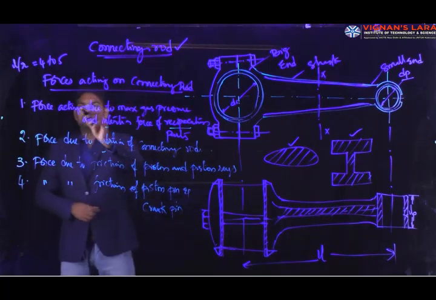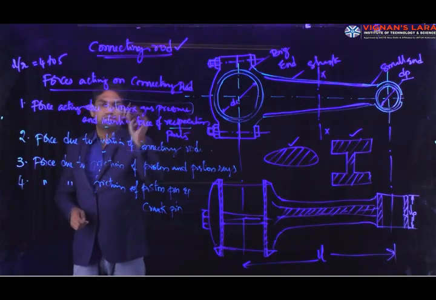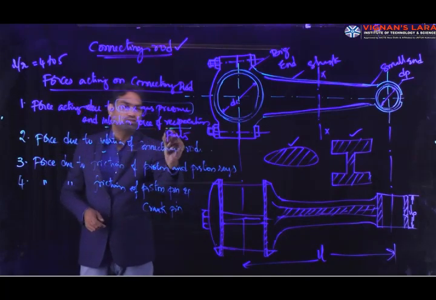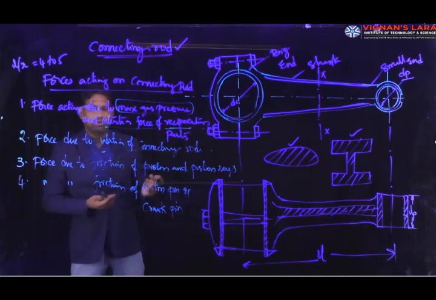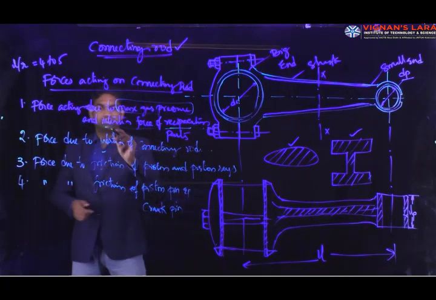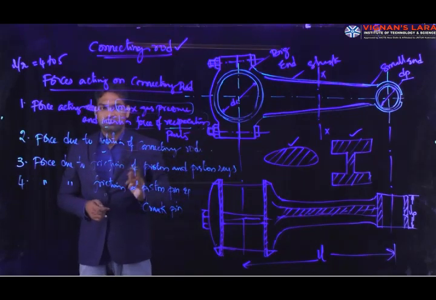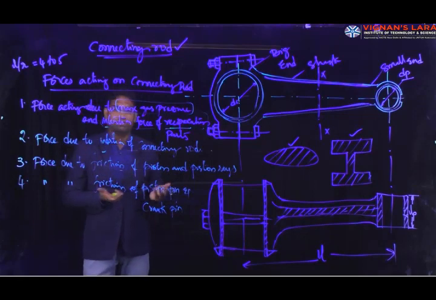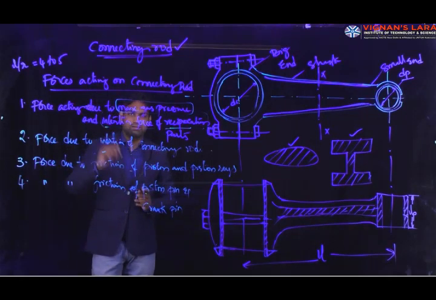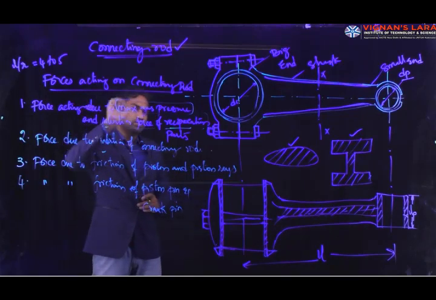That is initially the force acting due to the maximum gas pressure, that is due to the explosion process, along with the inertia forces of reciprocating parts like piston rings and the piston pin. Based upon the mass of those reciprocating parts, some inertia forces will be acting. So the total force acting on the connecting rod is the maximum gas pressure plus the inertia force.